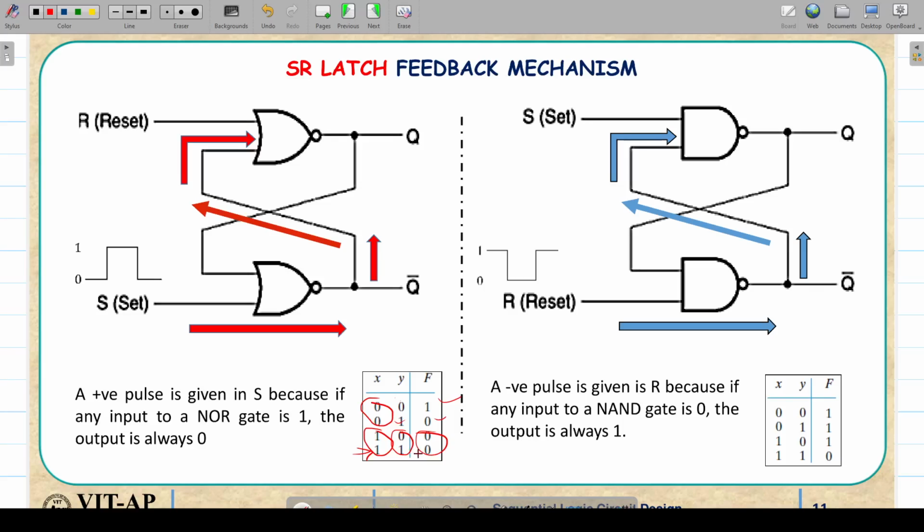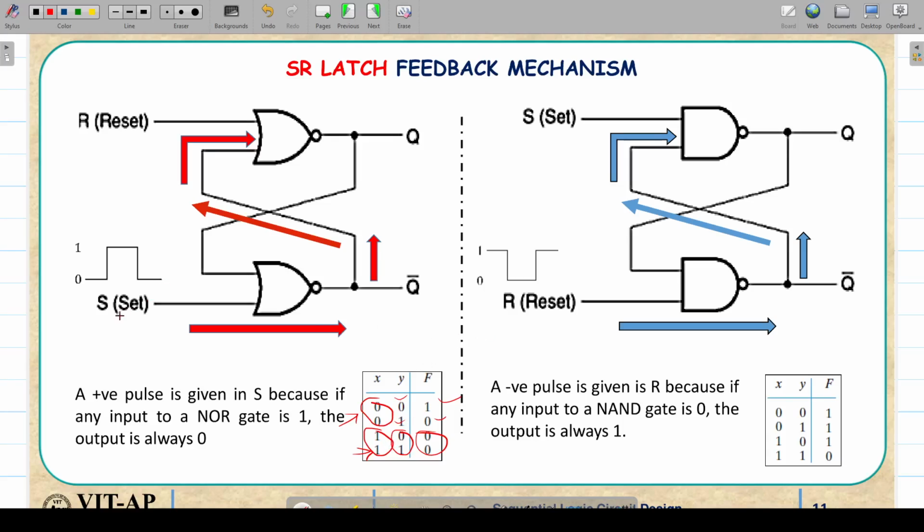This is the concept to be used while explaining the SR latch. So what we have seen is, if one of the inputs is 0, the output depends on the other input. If one of the inputs is 1, the output is always 0, irrespective of the other input.